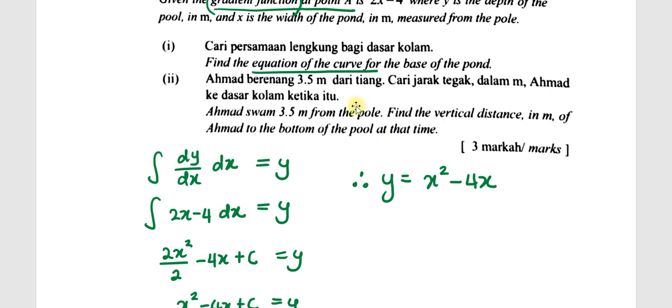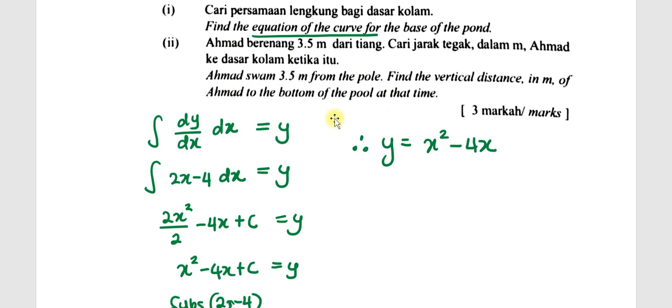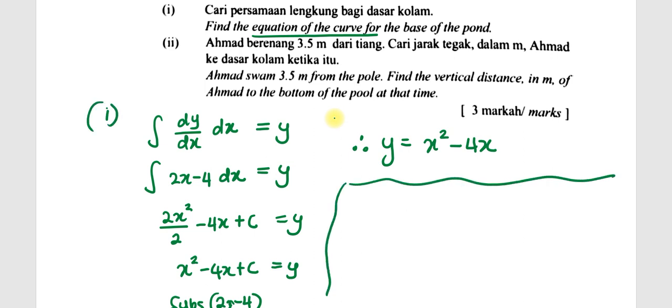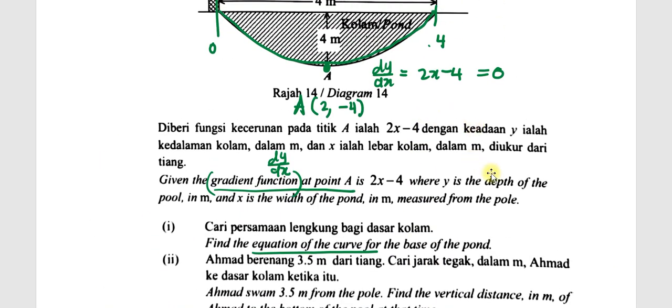Okay, next one. If let's say Ahmad swam, okay, this is part 1. Okay, part 2. Remember, they already told you y is the depth of your pool, and then x is the width of the pool. Width means this side.